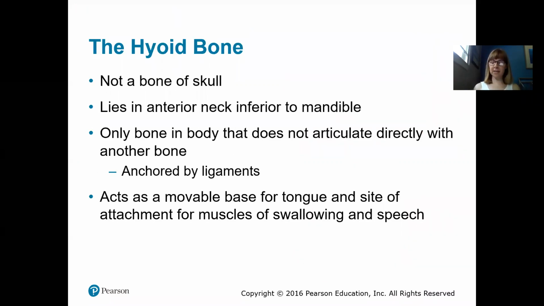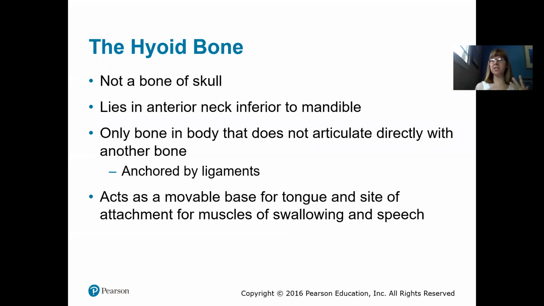Moving down our axial skeleton, not to forget about the hyoid bone. It's not a bone of the skull, but it's one to remember because there's a lot of muscle attachment. It lies anterior to the neck, just below the mandible.